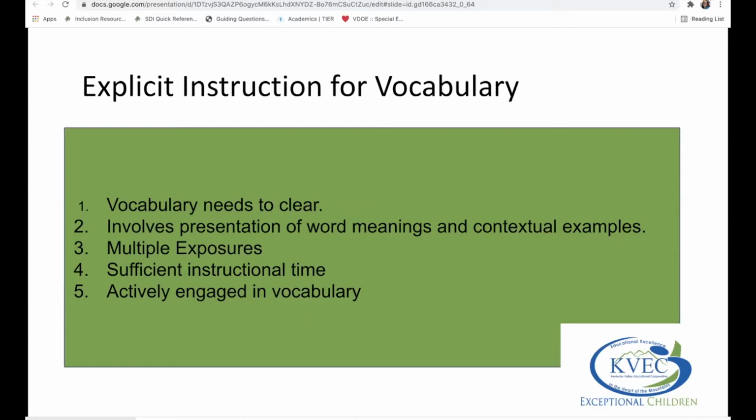We're going to have sufficient instructional time to use that throughout the lesson. Again, I'm going back over this because if you're talking about explicit instruction in mathematics for vocabulary, we really need to make sure that the student has that time to do this.